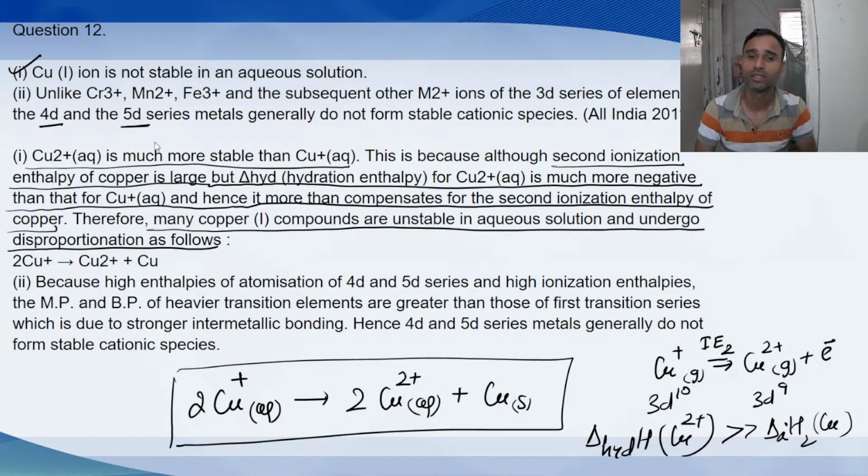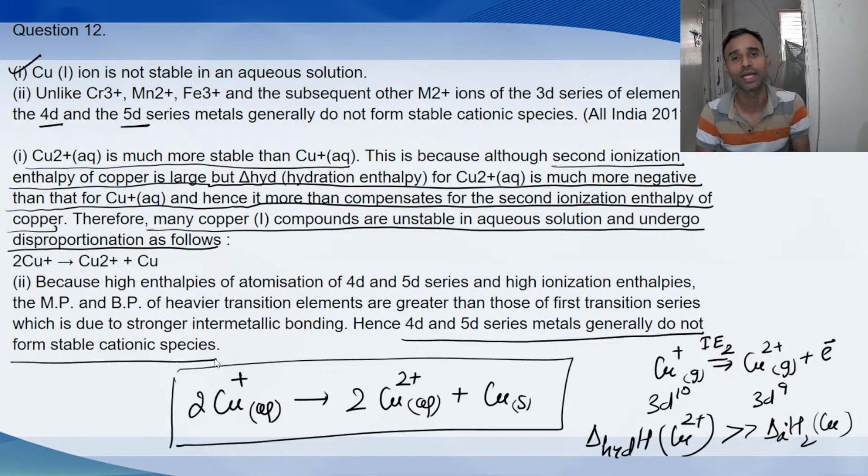That's why their enthalpy of atomization is high as well as their ionization enthalpy, and their melting and boiling points are also higher than the first transition series. That's why 4D and 5D series metals do not form stable cationic species.